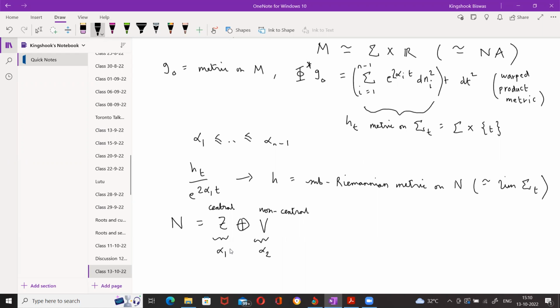So this is a Riemannian metric on a distribution, not defined on the full tangent space. Say script H, which is a distribution inside the tangent bundle of n.